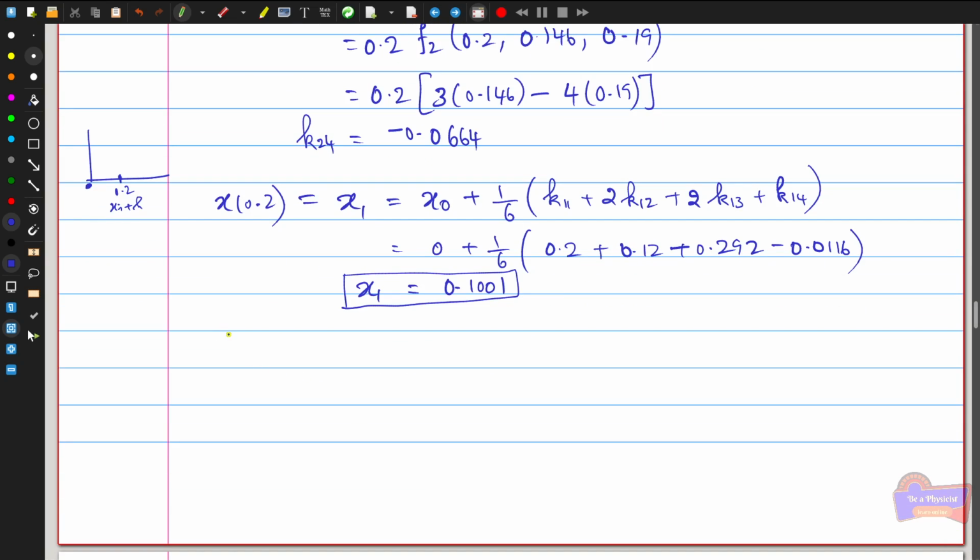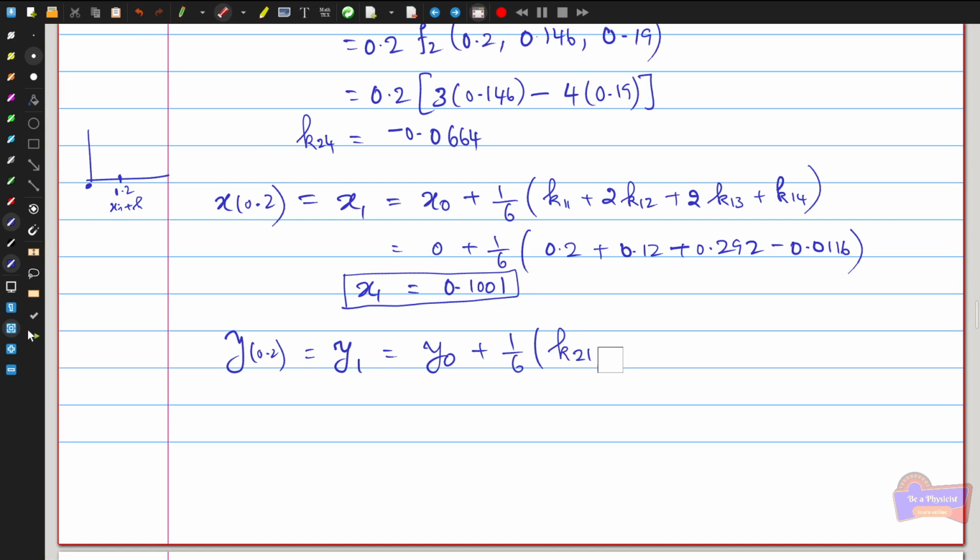Similarly, I can find out y of 0.2, which I write as y1, which is equal to y0 plus 1 by 6 times k21 plus 2 times k22 plus 2 times k23 plus k24. So I know all these values now, right? I can just substitute the values here.